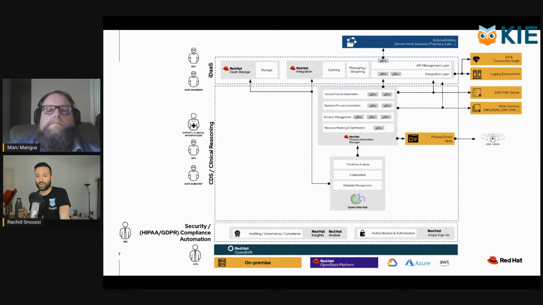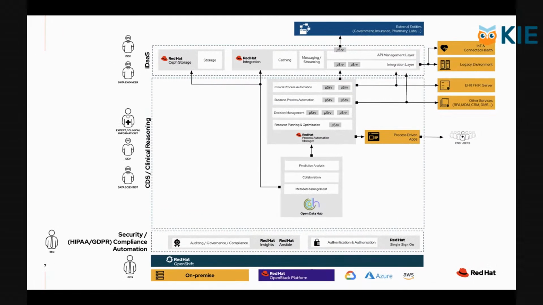All those technologies will provide ways to model clinical processes and clinical pathways, even business processes, to support day-to-day operation in a healthcare organization, hospitals, and so on. And we need decision management as well to build those decision services. We're going to see a few examples in the next slides, and as well resource planning and optimization.